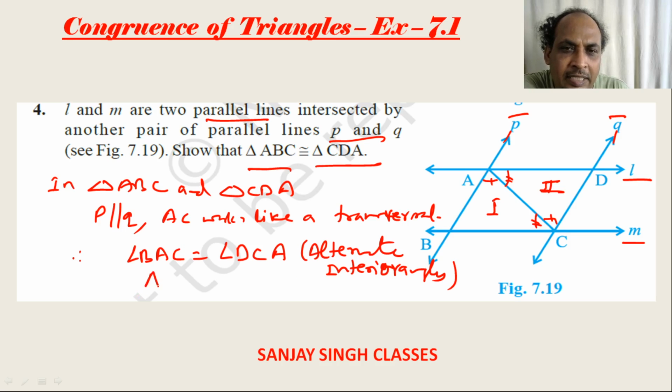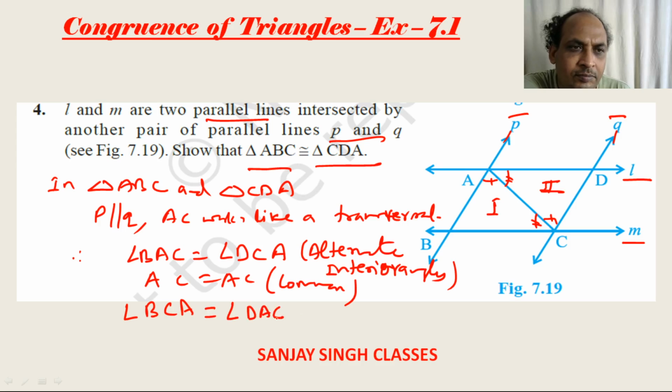Similarly, AC is equal to AC, common. Then angle BAC, we have already used it. So now angle BCA is equal to angle DAC, right?